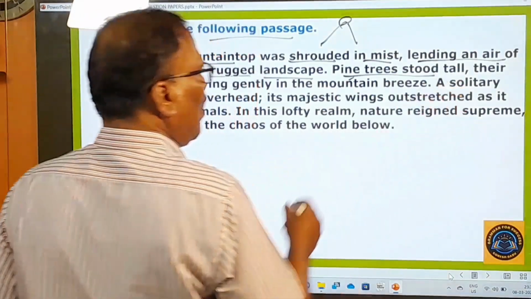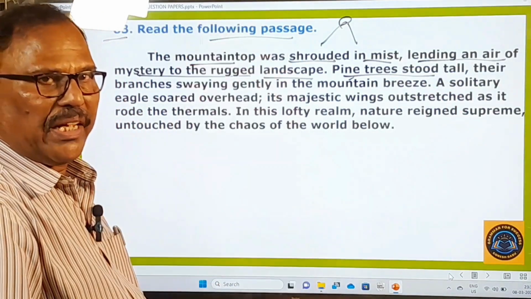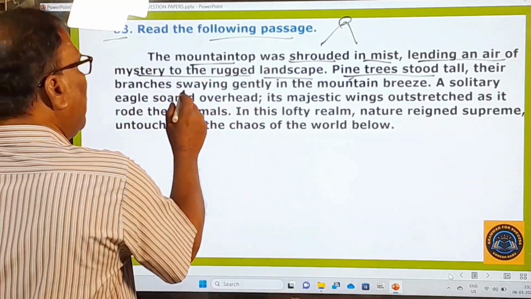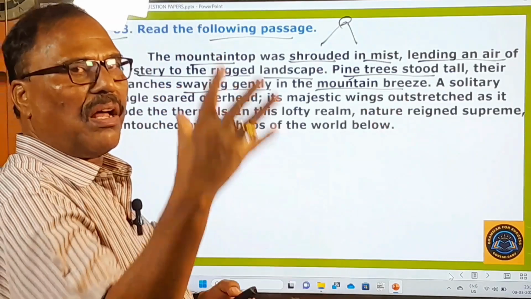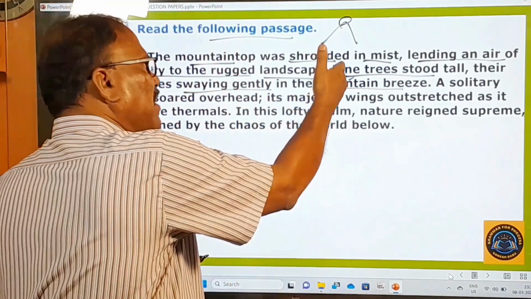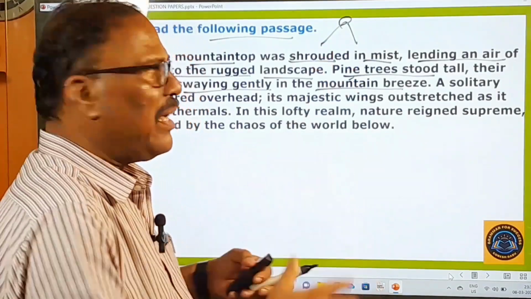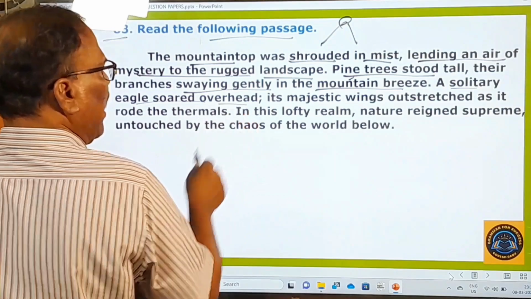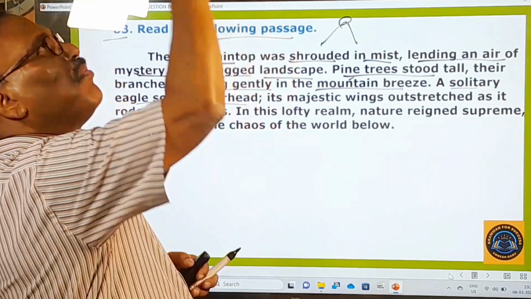Pine trees stood tall. Big pine trees are there on that mountain, standing tall, their branches swaying gently in the mountain breeze. The branches of these pine trees sway here and there in the mountain breeze. A solitary eagle soared overhead. Only one eagle.